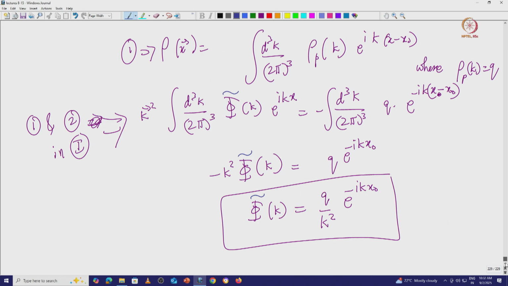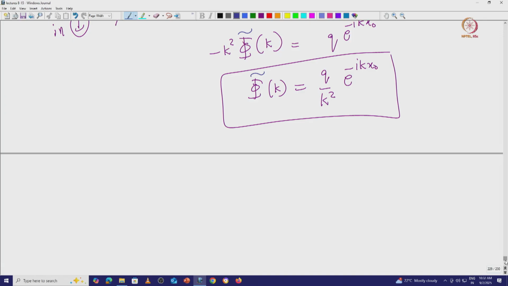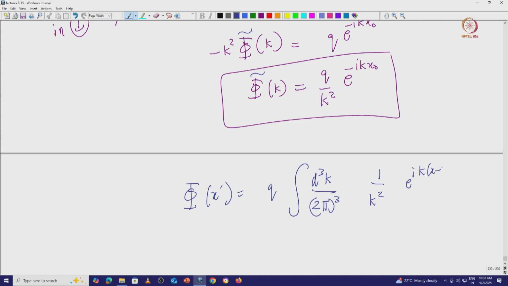With this I can reconstruct what is my phi of x, which is the solution of the Poisson equation. Now this is again an integral which you can solve.